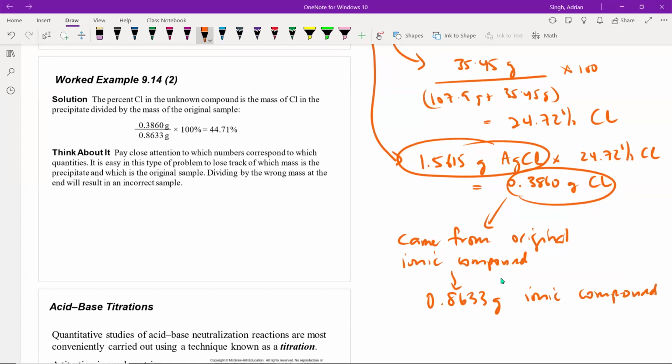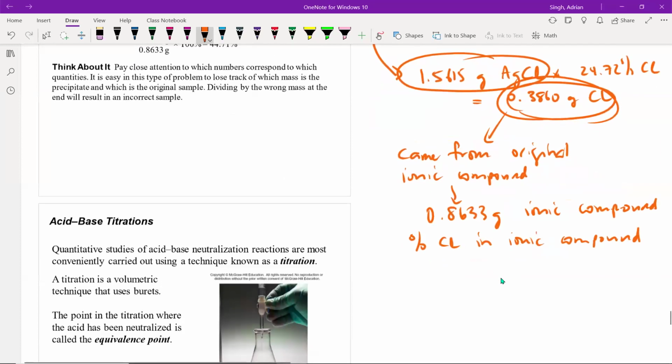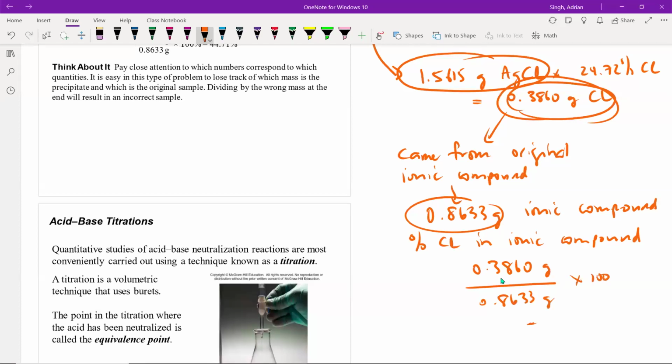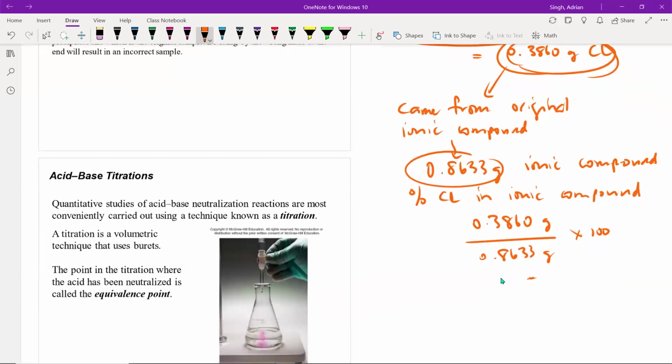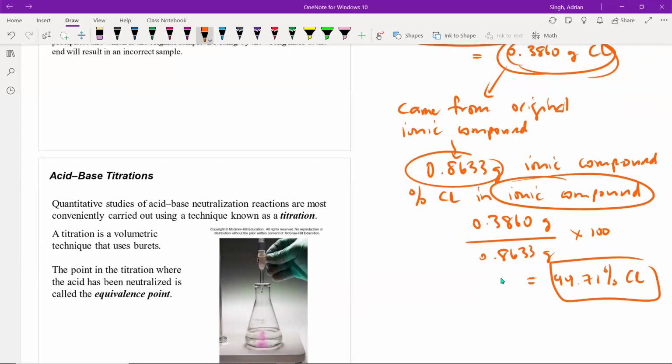So then we can calculate the percent of chloride in our original ionic compound: it would be the mass of the chloride that we calculated, which would be the 0.3860, over the mass of the original ionic compound, 0.8633, times 100. Okay, and then that's going to give us 44.71% chloride in that unknown ionic compound.